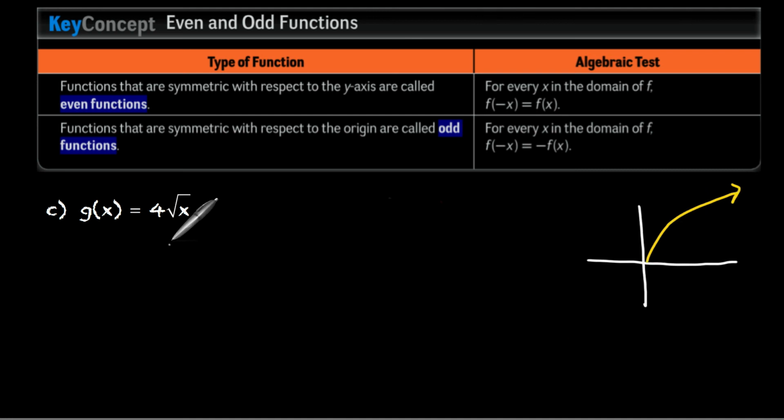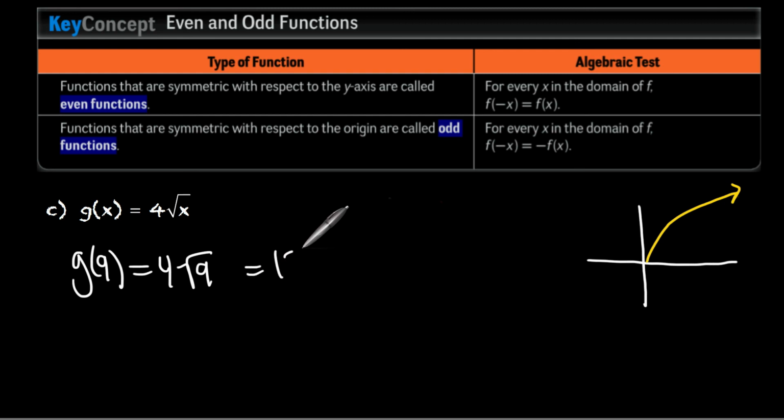So we're going to do both tests, and let's see what we get. I'm going to plug in a number that I can take the square root of easily. I'll pick 9. So g of 9 is 4 times the square root of 9. Square root of 9 is 3 times 4, which is 12.